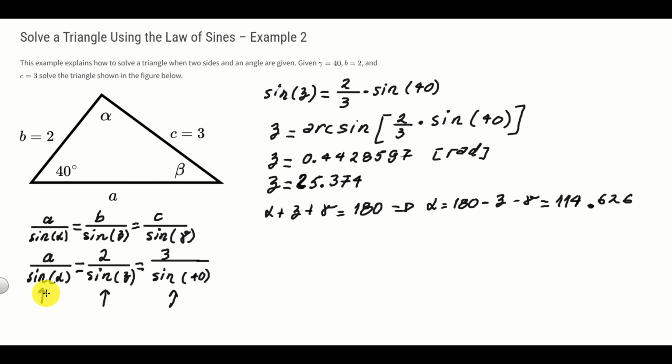Since we have determined alpha, from this part over here and this part over here, we can actually compute A. We have that A is equal to 3 multiplying sine alpha over sine 40.